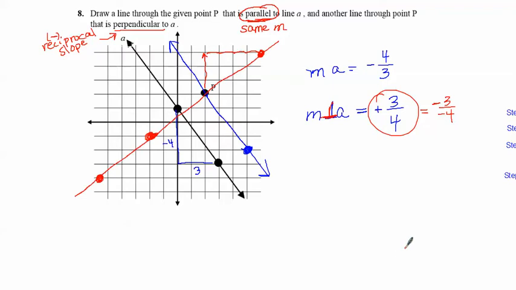And that should be your perpendicular line. After you're done with these lines, the markings that you've done in your drawing to help you draw the lines can be erased to make the drawing of the graph look a lot cleaner. Oops, and I forgot to put the arrowheads at the end. There we go. These are our lines. Parallel in blue, perpendicular in red.